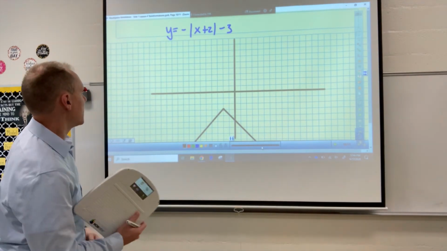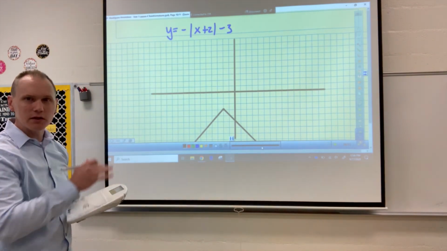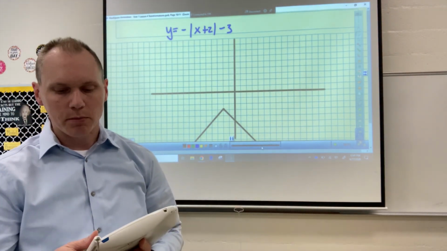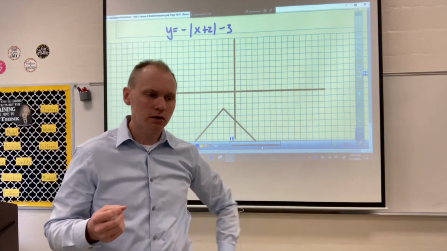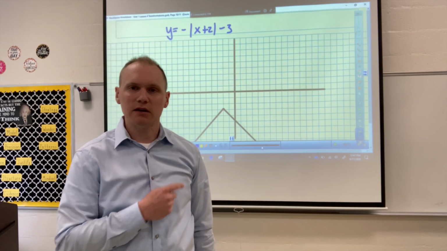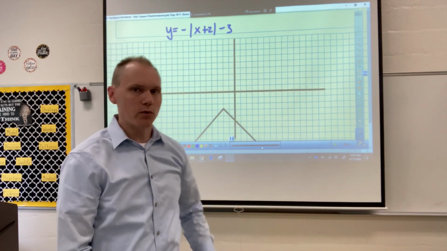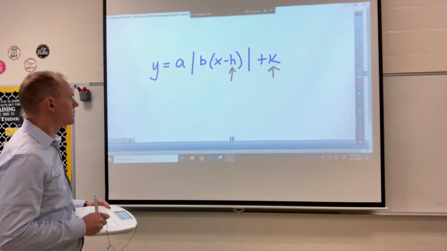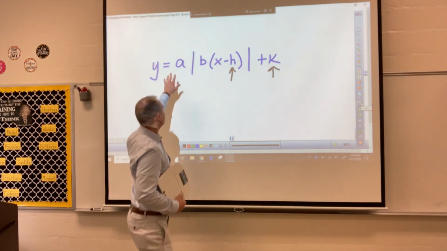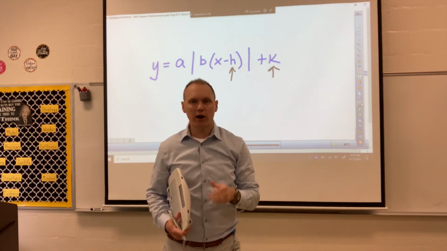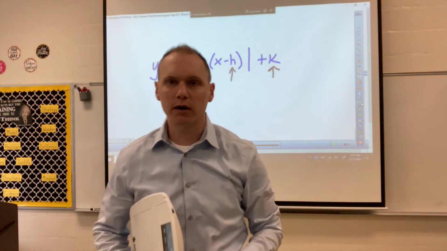But there's not. And so this is the main kind of thing that you need to be able to do, the horizontal transformations. But I really want you to think through this process, because these concepts that we're talking about today, where we have A, B, H, and K right here, these 4 quantities impact graphs of all sorts the same exact way.